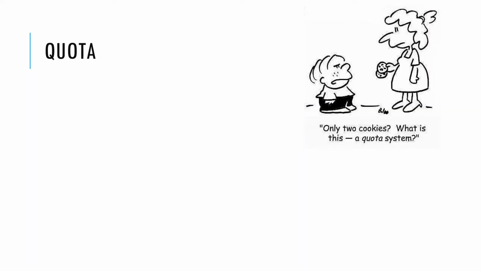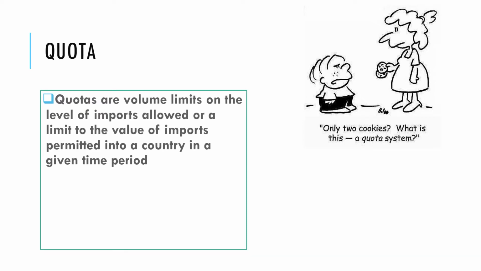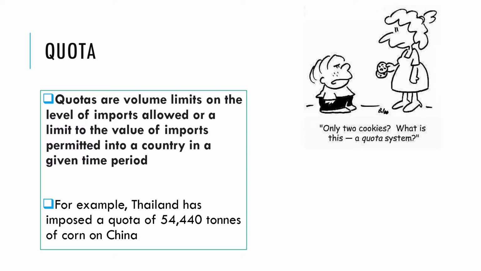Okay, the second way in which government can restrict imports is through quotas. Quotas are limits on the physical amount of products or goods that are allowed to come into the country. So for example, Thailand has imposed a quota of 54,440 tons of corn on China.